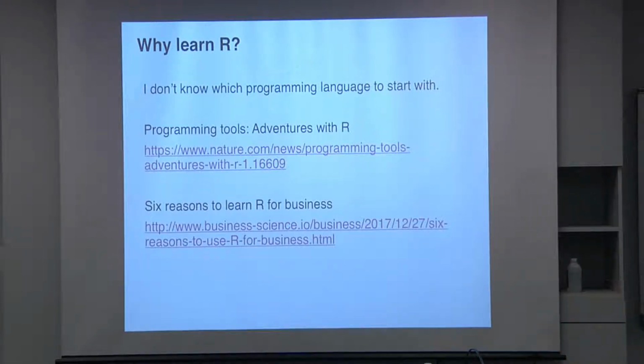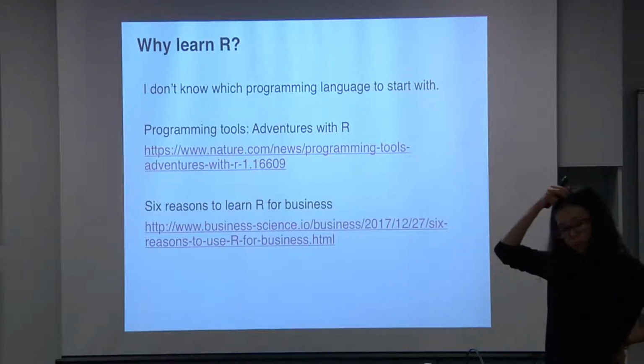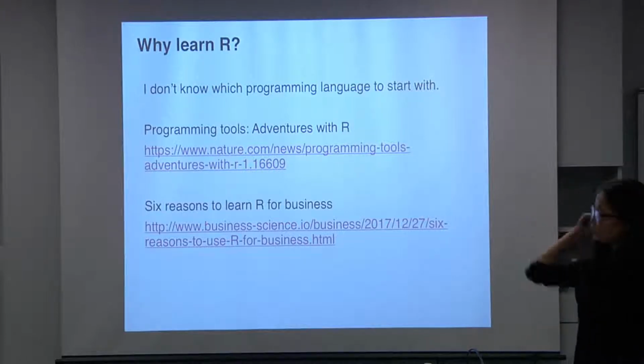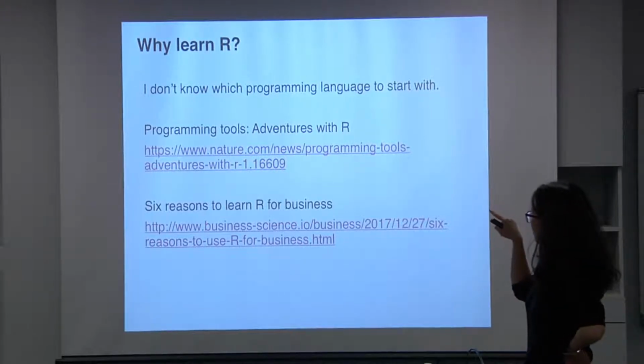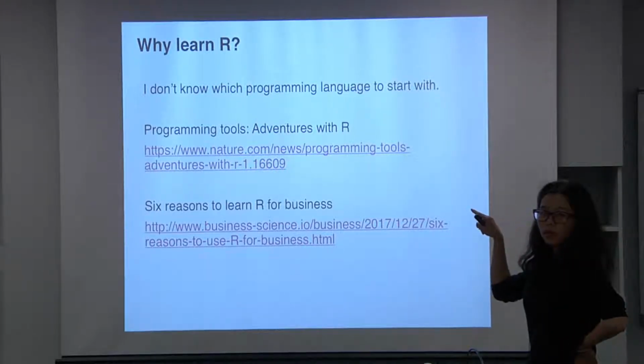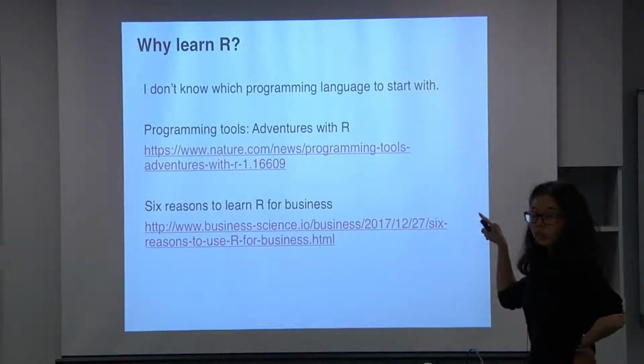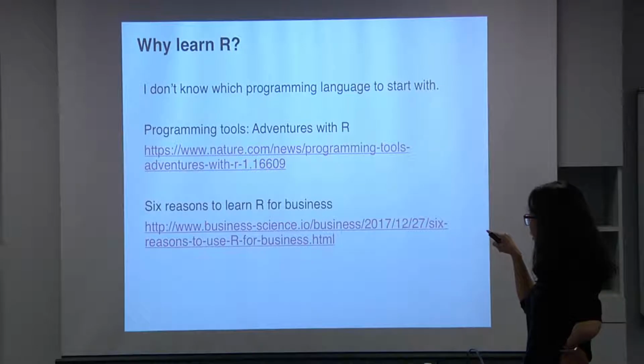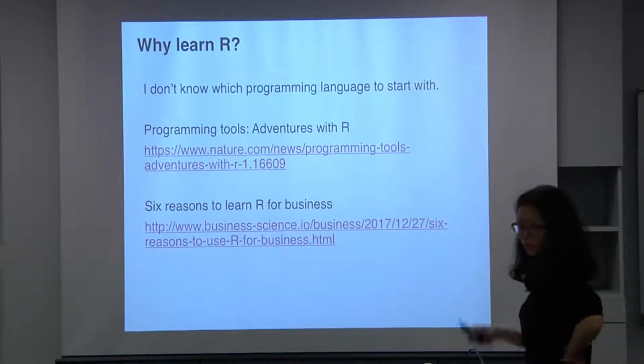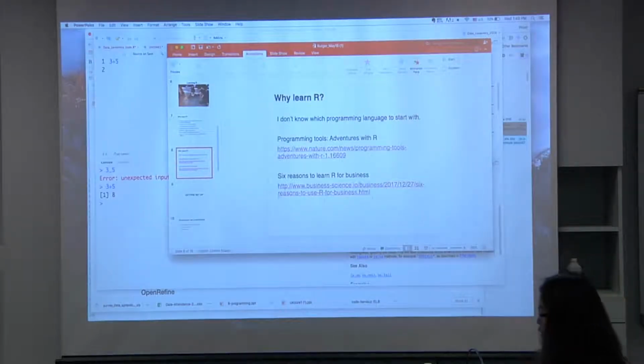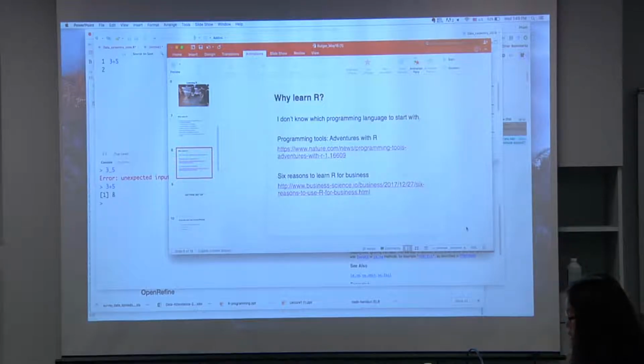So let me show you these two very interesting articles. The first one is about biology, one of my experiences, and the second one is about learning R for business. These are two very interesting articles.